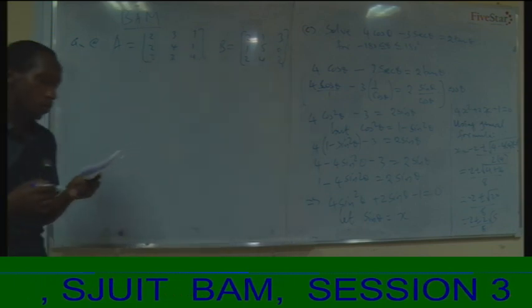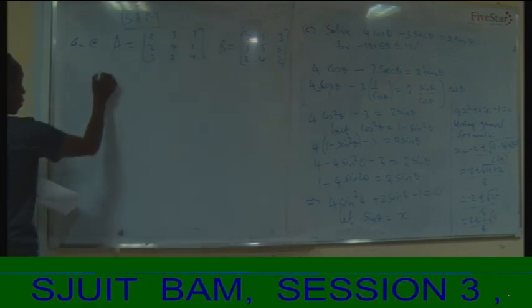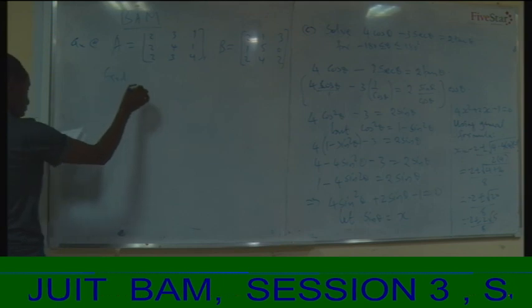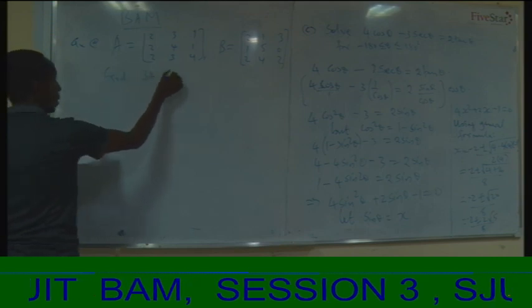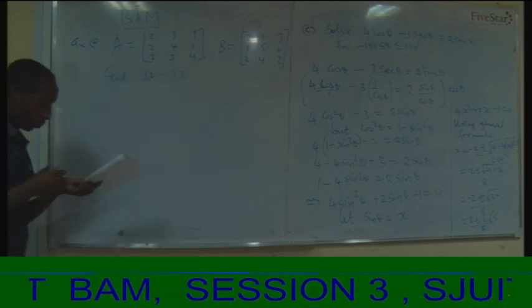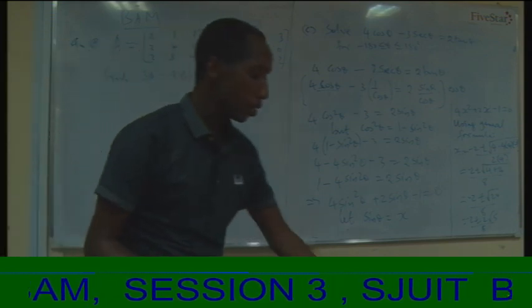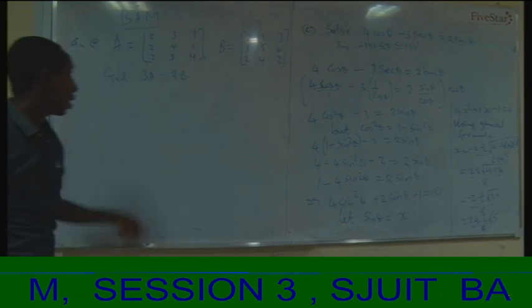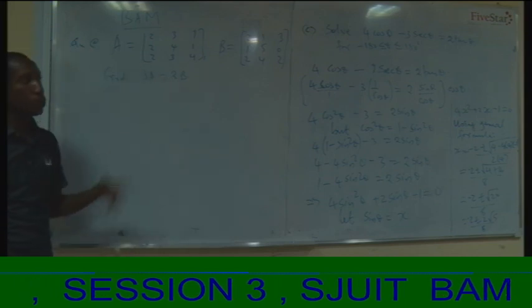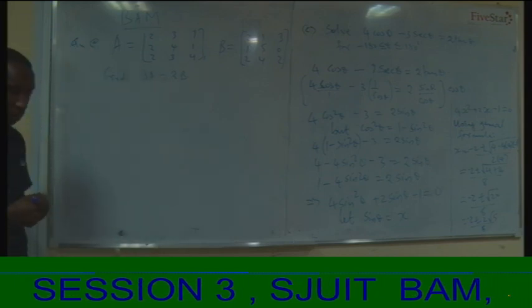We are asked to find 3 times A minus 2 times B. This is called a scalar multiplication of a matrix. That is, the matrix is multiplied by a scalar, and in our case here, the scalars are 3 and 2.